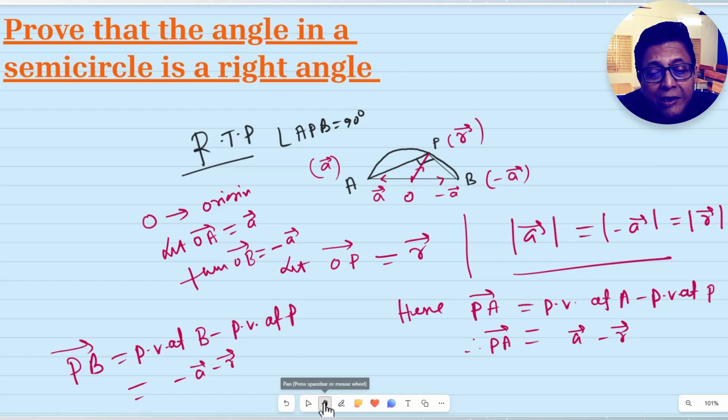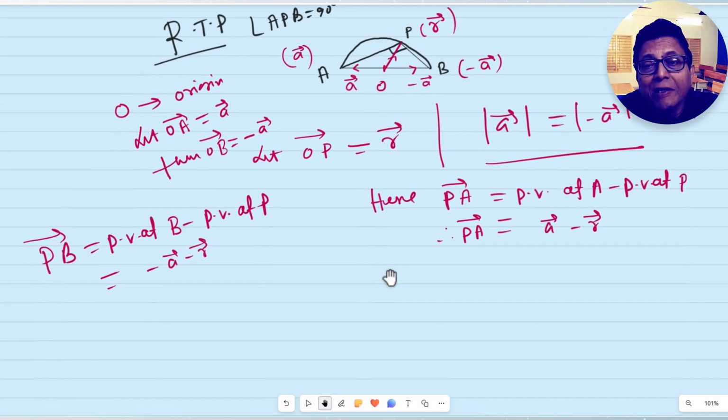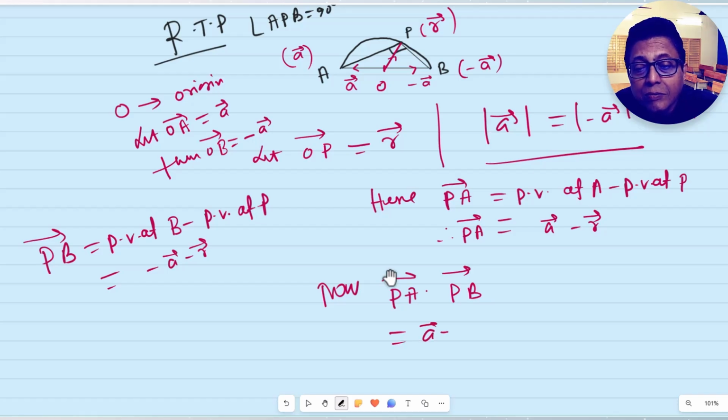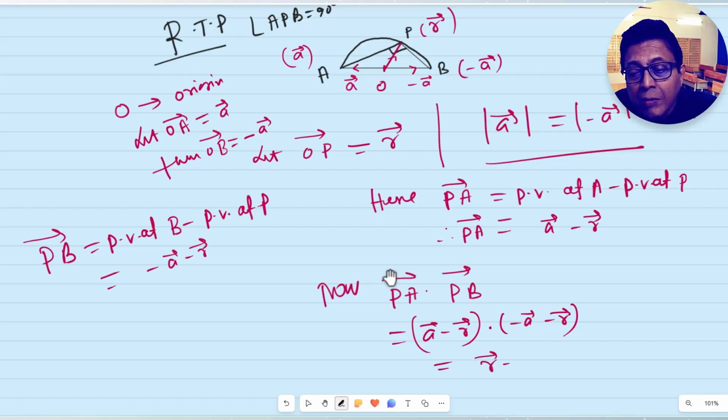So let us write PA dot PB now. PA dot PB is going to be what? A minus R dot minus A minus R. You take the minus sign common and keep it here.